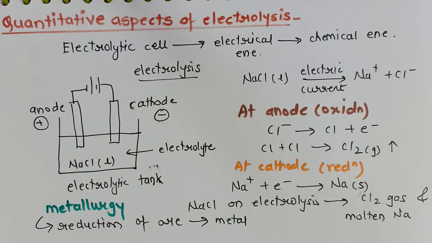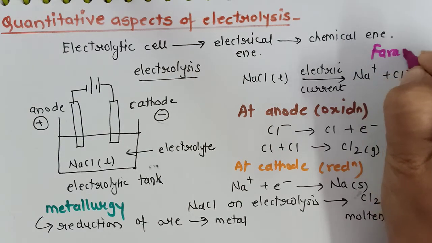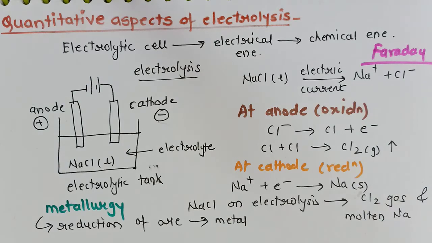It was the scientist Faraday who gave the laws after studying lots of experiments, and those laws are known as Faraday's laws of electrolysis. There are two laws of Faraday. And what is the main purpose?